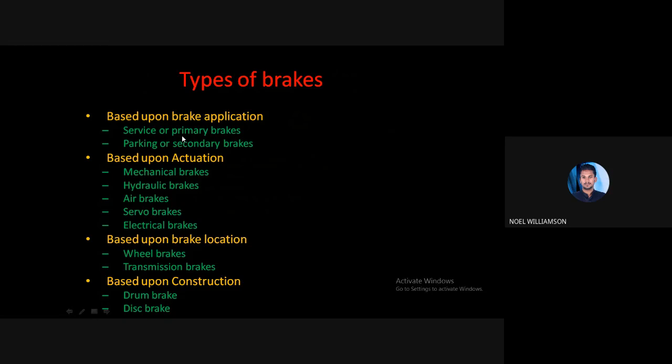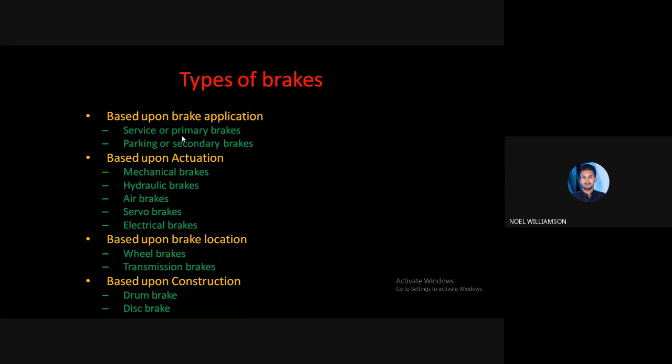In a car itself we use two types, the hand brake and the normal brake. The normal brake is the primary type, because we use it while working or driving. Next is the parking brake, and the handbrake also comes under that category.